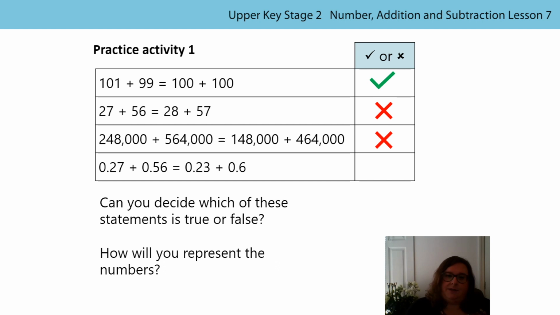Has that happened? So 56 hundredths add 4 hundredths is 60 hundredths. That is what's happened. So I've subtracted 4 hundredths, I've added 4 hundredths, and my sum is the same. So this last one is true.